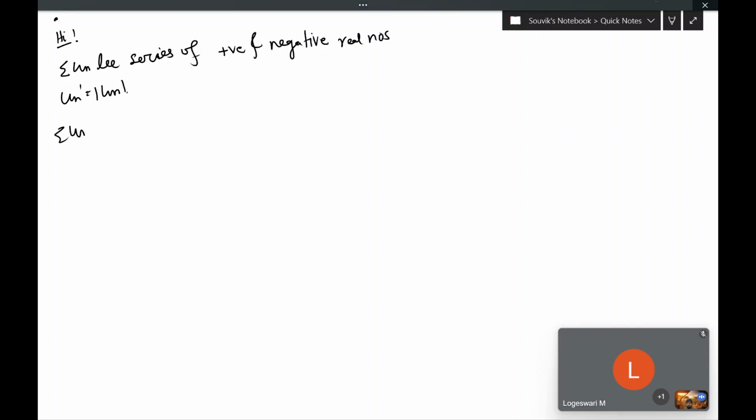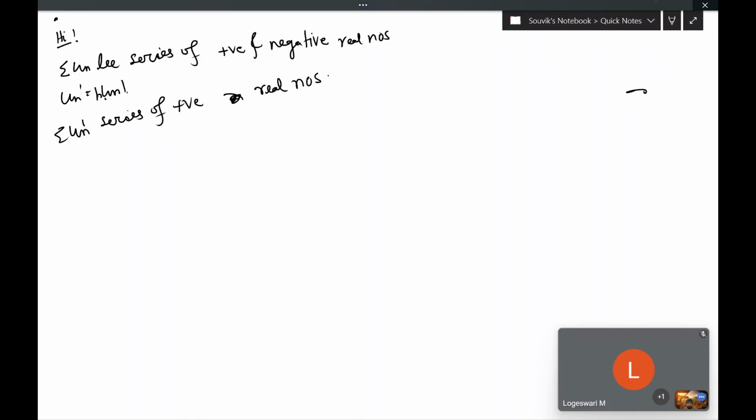Then obviously summation u_n' is a series of positive real numbers.